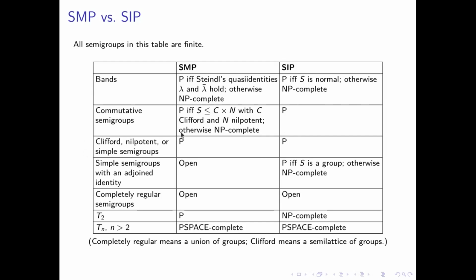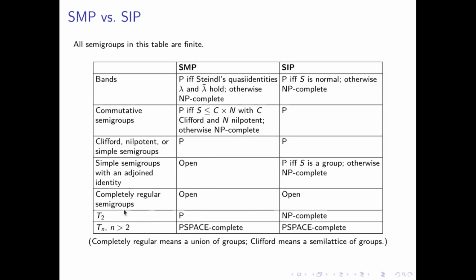And for some well-known semigroups like Clifford semigroups, nilpotent semigroups, and simple semigroups, they are both in P. But for simple semigroups with adjoined identity, SMP is actually open, but for SIP, it's in P if S is a group, and otherwise NP-complete. And for completely regular semigroups, both SMP and SIP are open.